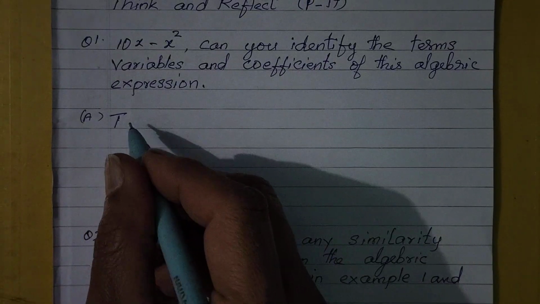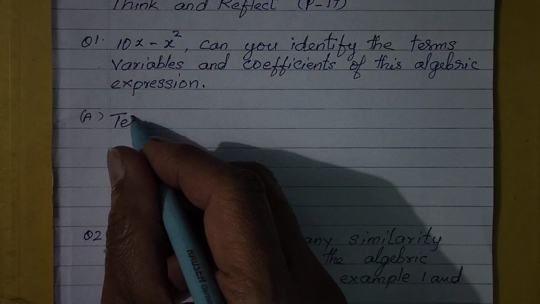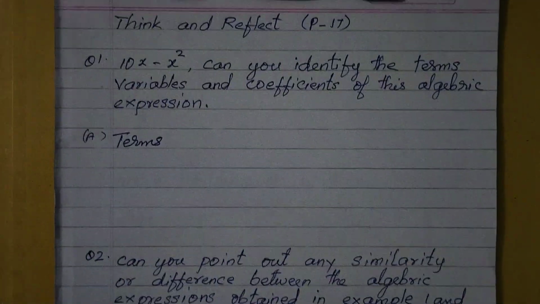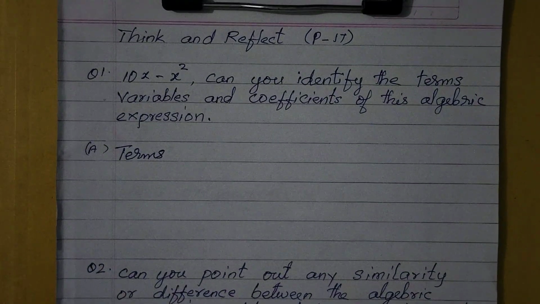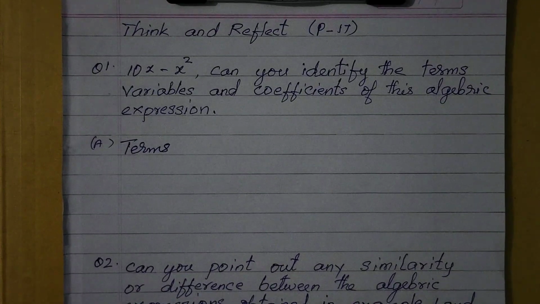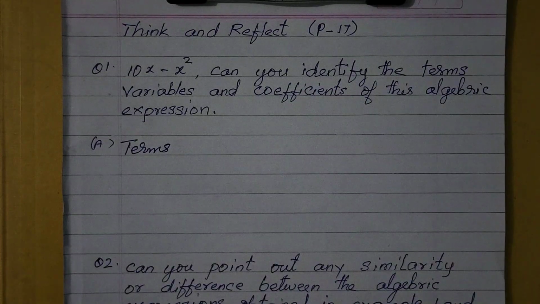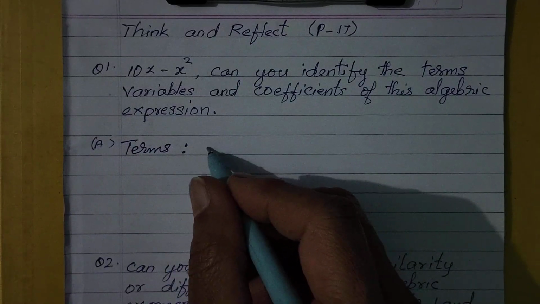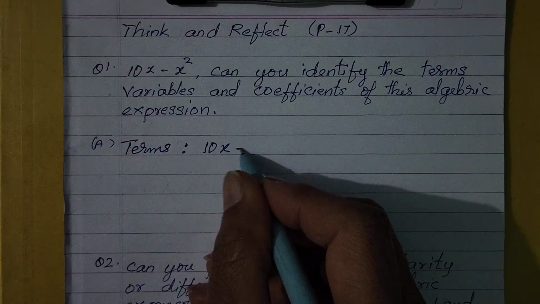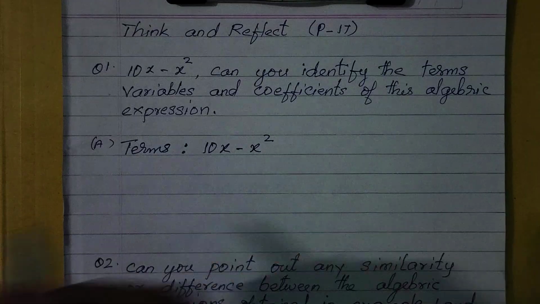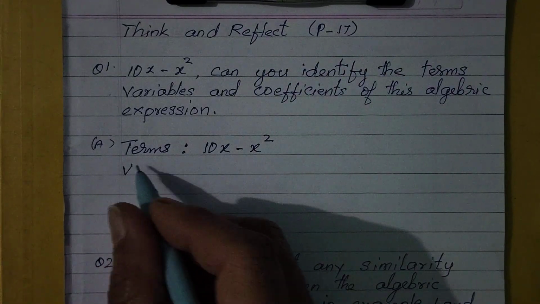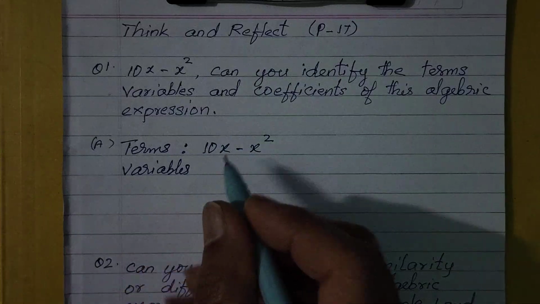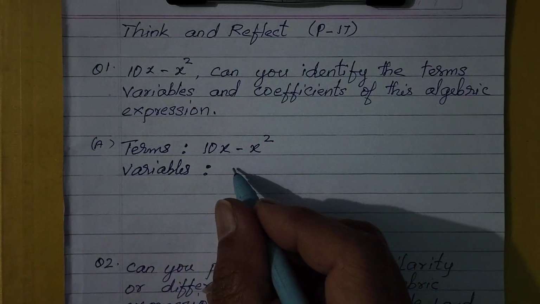So the terms are, there are two terms in this, 10x minus x square, and the variables, there is only one variable, that is x.